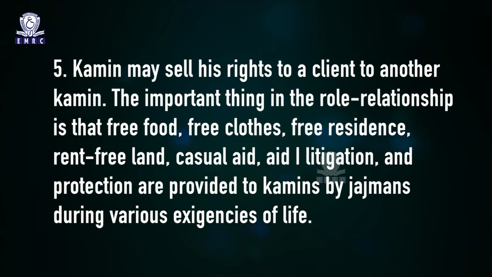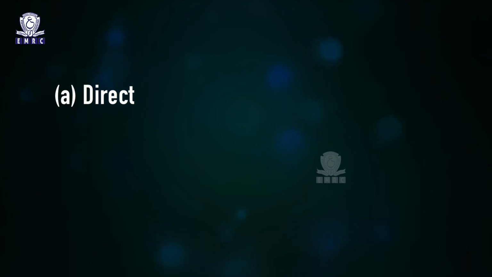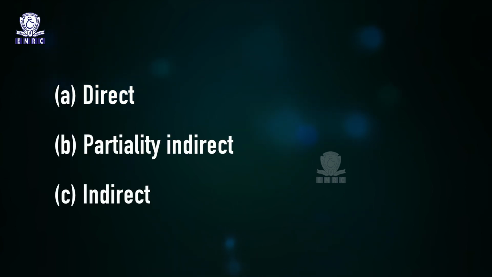The important thing in the role relationship is that free food, free clothes, free residence, rent-free land, casual aid, and litigation and protection are provided to Kamins by Jajmans during various exigencies of life. According to Beidelman, these relationships can be categorized into three types considering their dependence upon the land: direct, partially indirect and indirect.